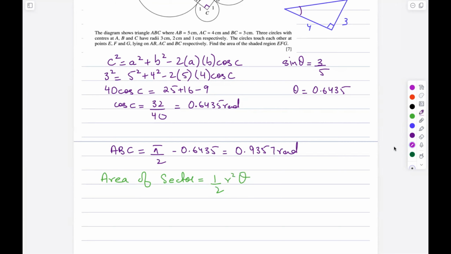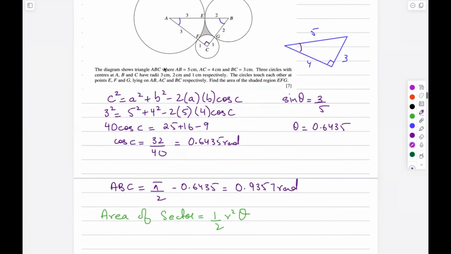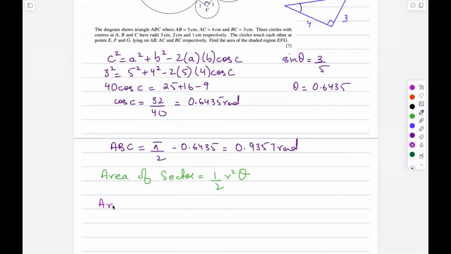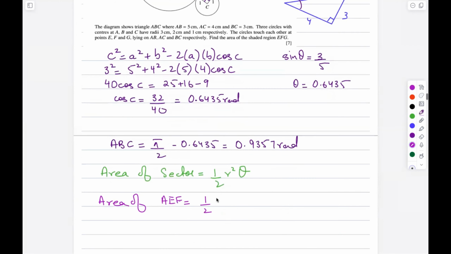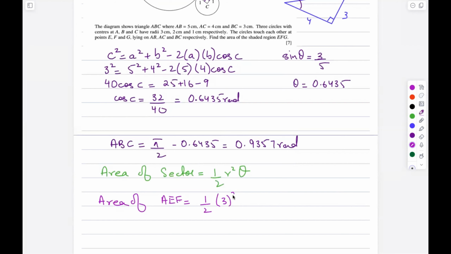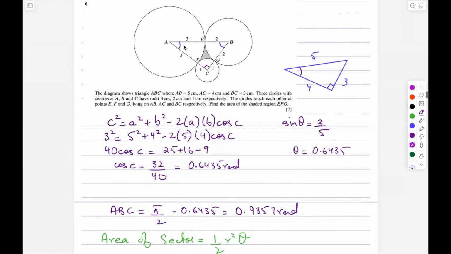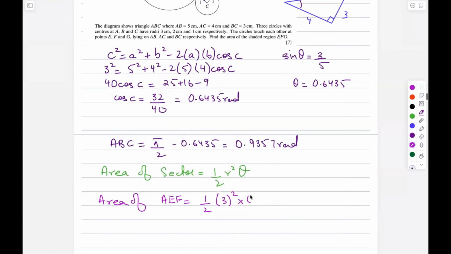Now finding the area of each of these three sectors. First, the area of sector AEF will be equal to half into r squared. In this case, the radius is 3, so this will be 3 squared multiplied by the angle, which was 0.6435.